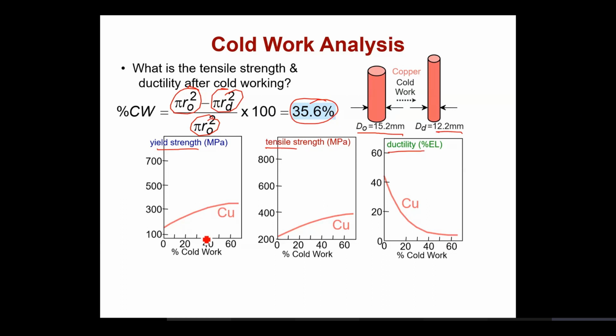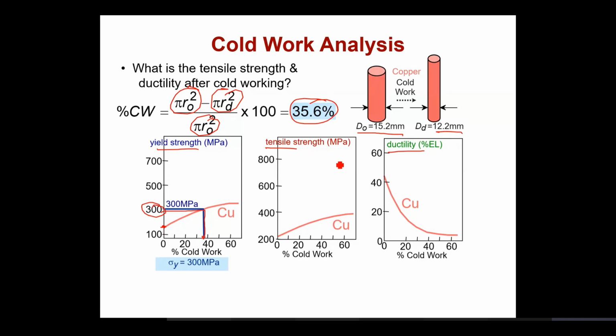So in order to do so, we'll focus on about 36% cold work. A sample of copper would have a yield strength of 300 megapascal as compared to 0% having a yield strength of about 200 or 150.